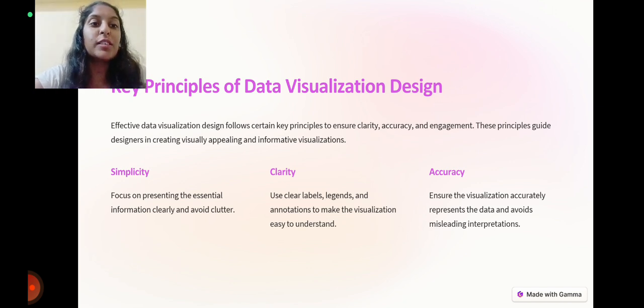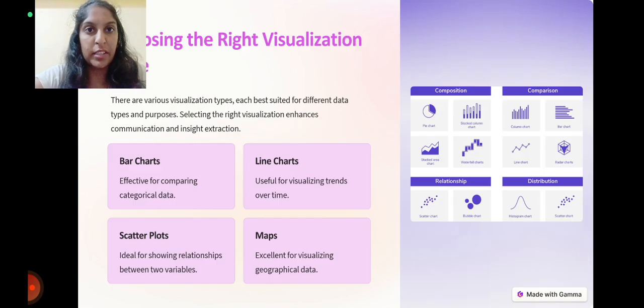Accuracy, it ensures the visualization accurately represents the data and avoids misleading interpretations. Accuracy means correct and accurate data.